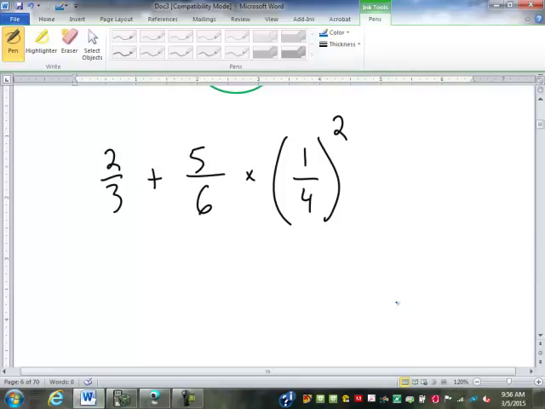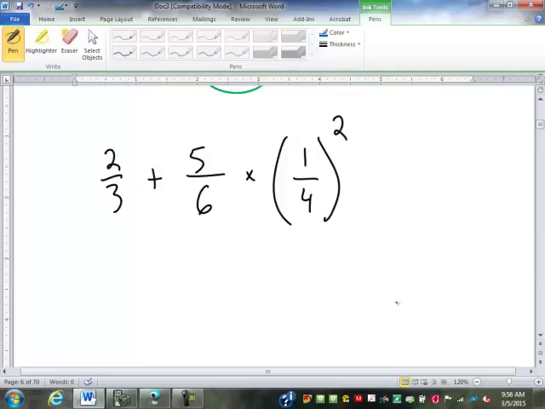No, we're separating. There's nothing to do inside those parentheses. All they're doing is showing us that the power of 2, the squared, is applied to the whole fraction and not just the 1 on top. So that is not really an enclosing symbol. There is nothing that we have to do with the parentheses.